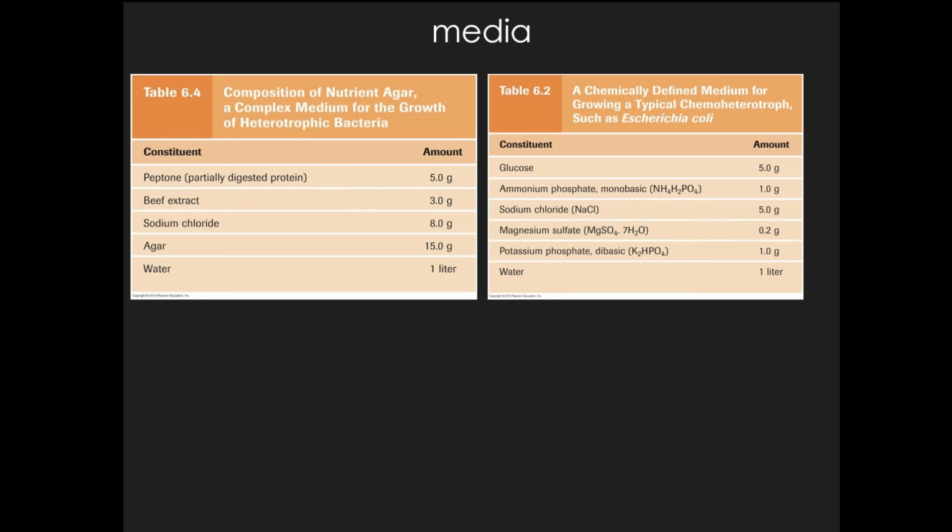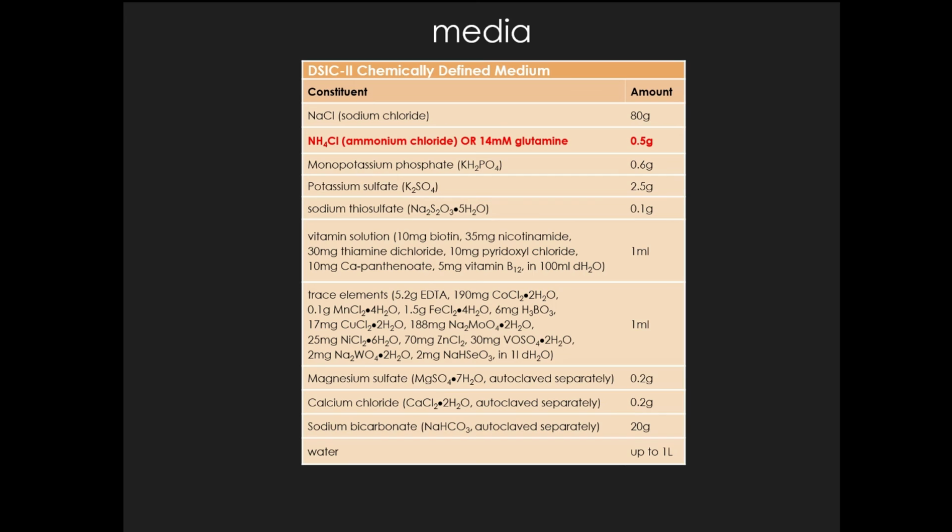When we're talking about something like the isolate I just showed you data for that can go from 85 hours to 30 hours, now you're talking about a change that's significant. And I want to show you, not because I want you to memorize any of these details, but I want to show you just how small a change that really is. This medium here is all of the things that go into a medium for growing purple sulfur bacteria photoautotrophically.